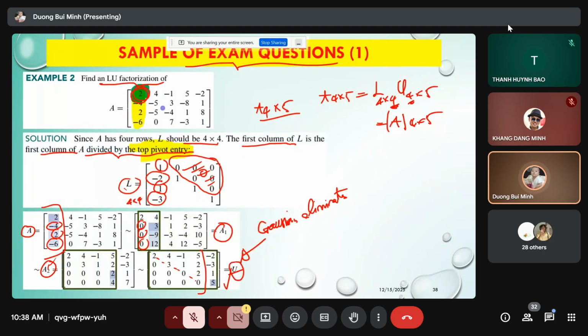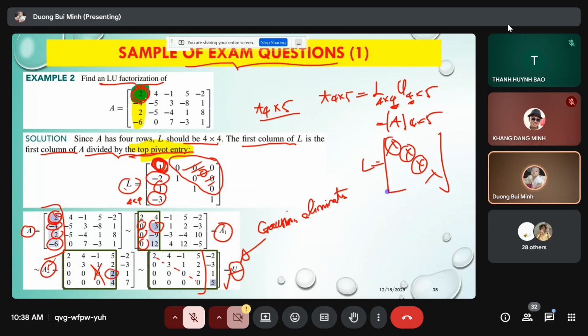Look at this one: we need to choose the top pivot entries because we can make sure this is a leading entry. Consider, we have 4 rows and 4 columns of leading entries. This one is a leading entry, this one has no leading entry, so forget this one.